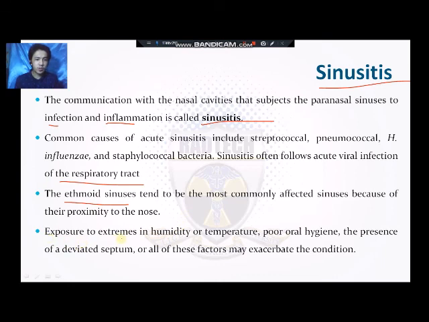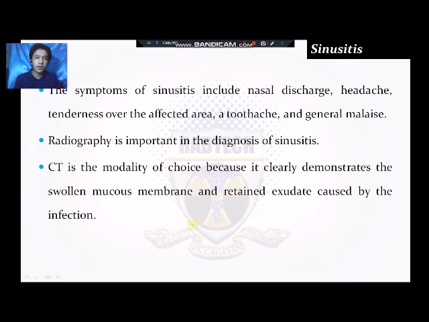Then exposure to extremes in humidity or temperature, poor oral hygiene, and the presence of deviated septum, or all of these factors may exacerbate the condition or may result to worsened condition. And the symptoms of sinusitis can include nasal discharges, headache, tenderness over the affected area, toothache, and generally malaise.